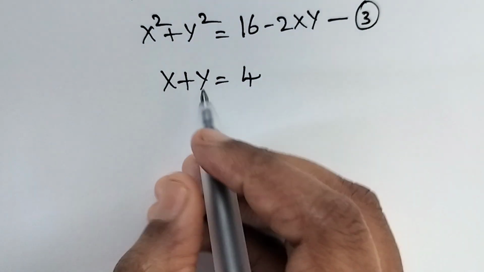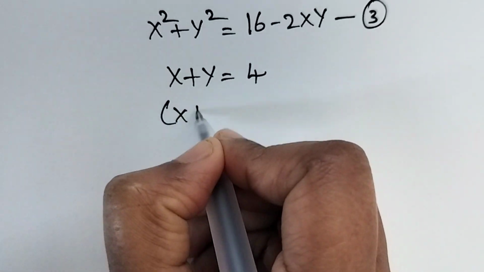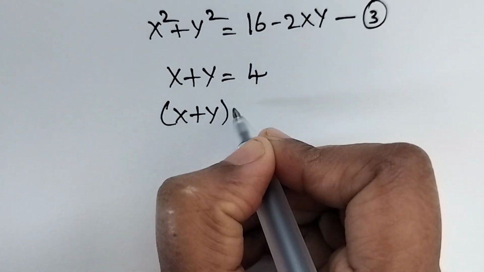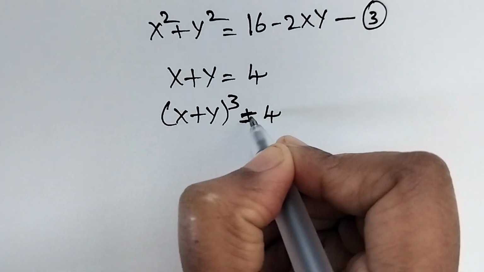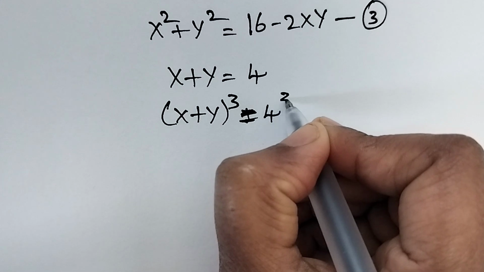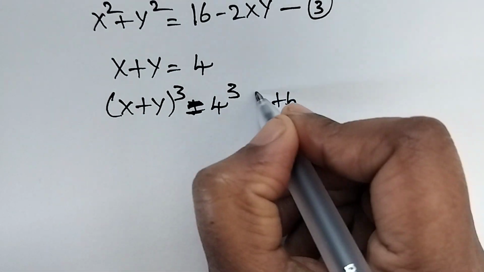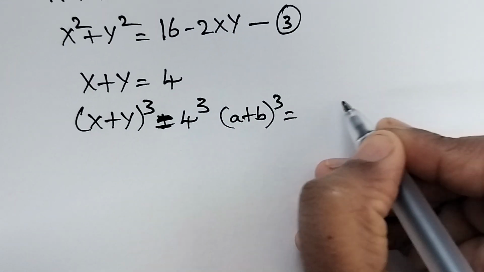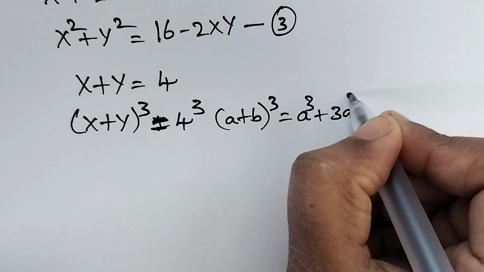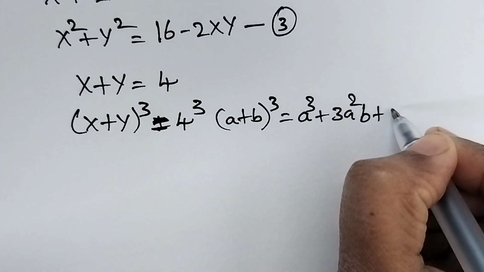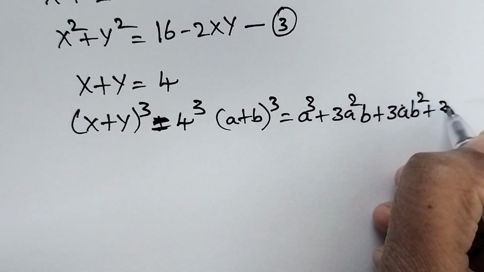Now here we are going to apply cube on both sides. So x plus y whole cube is equal to 4 cube. So now this is in the form of a plus b whole cube. So we know this formula, a plus b whole cube, which is equal to a cube plus 3a square b plus 3ab square plus b cube.